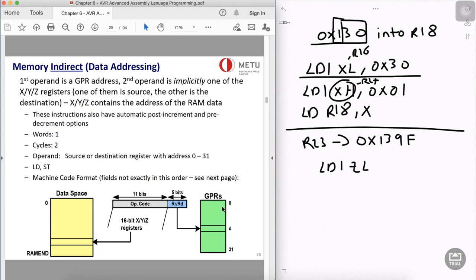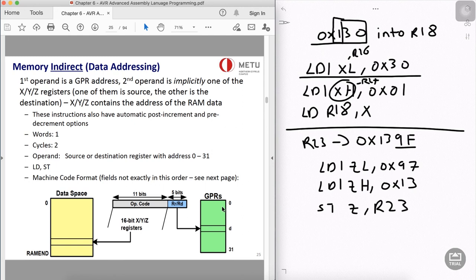So ZL will be the low byte of the address, which is 0 hex 9F. LDI ZH is going to be the high byte of the address, which is 13. Then, as we want to store the contents of R23 into this location, we just say store Z, R23.